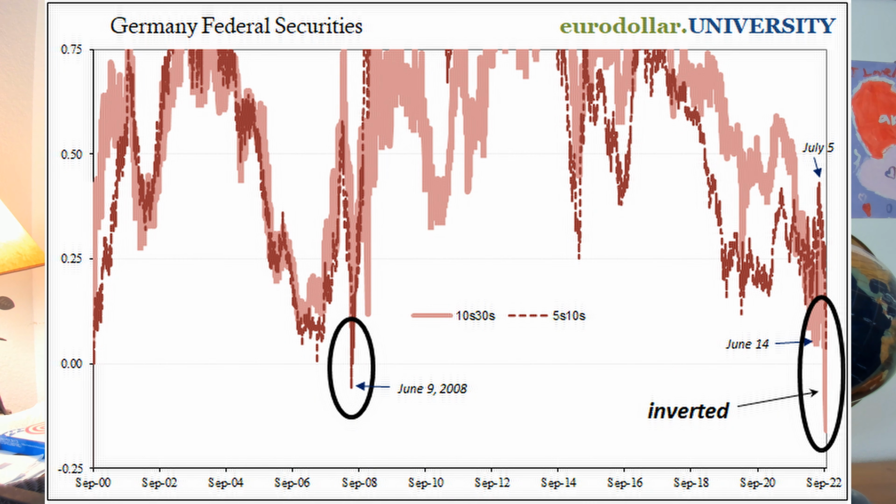By the time that the ECB press conference finished up on June 8th of 2008, that spread had dropped 16 more basis points to just +7. So it was barely positive, really a flat yield curve on June 8th of 2008. And then the following Monday, June 9th, it would fully invert at -6 basis points.